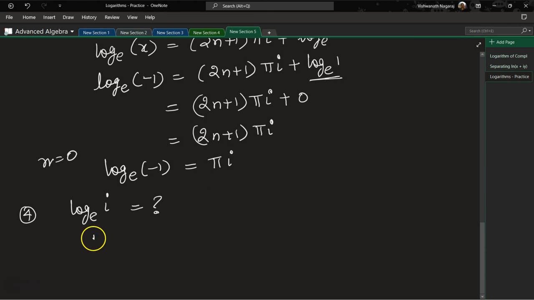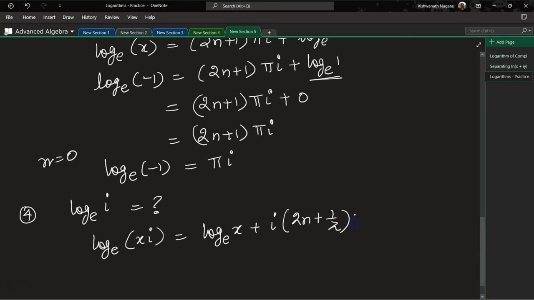Now we know log e of xi is equal to log ex plus I times 2n plus 1 by 2 pi. Okay, so let's do the substitution. Log e of, when will it be I? When x is 1, right? So this will become 1i.